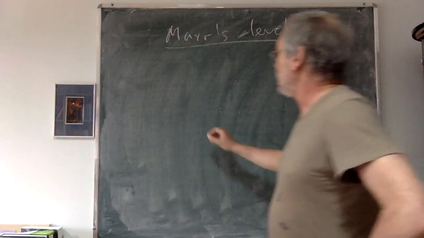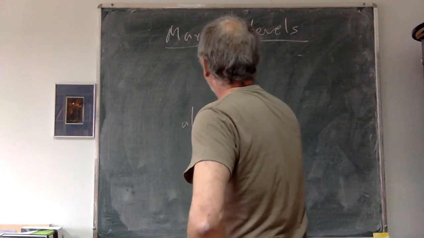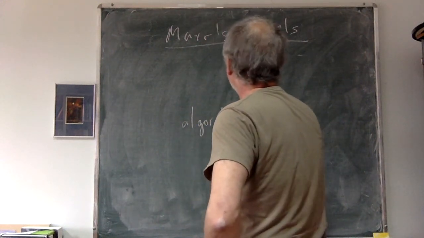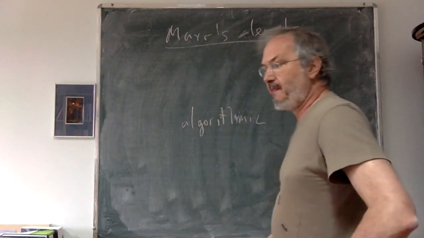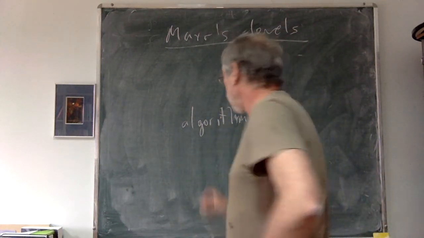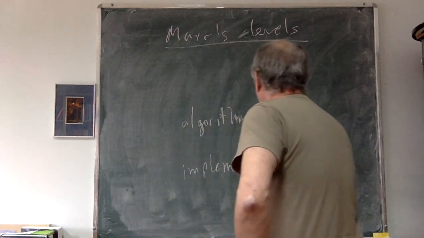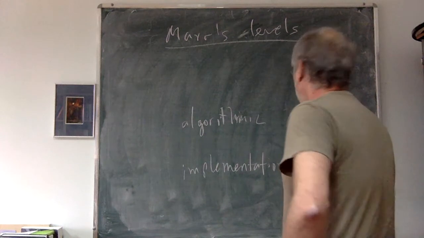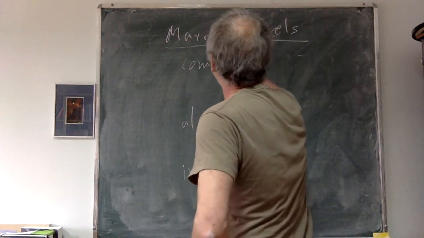Well, let me start in the middle. It's got 3 levels. In the middle, there is the algorithmic level. Implementational level. And what do you call the computational level?